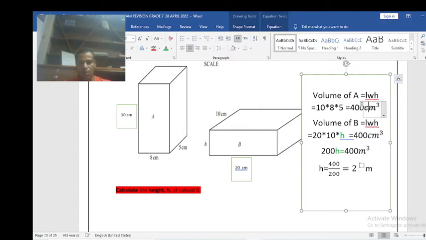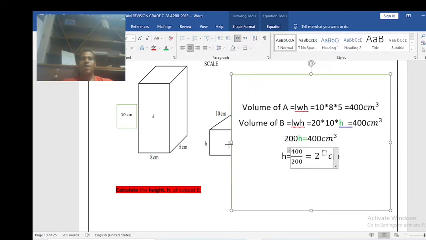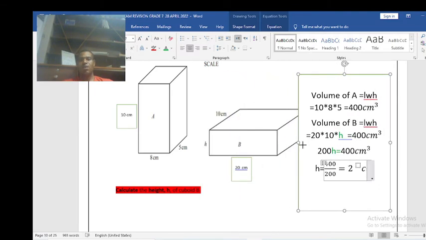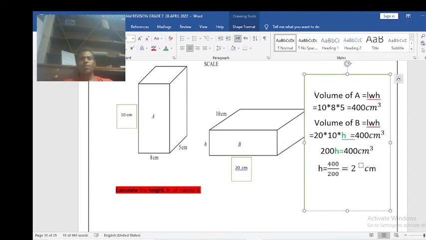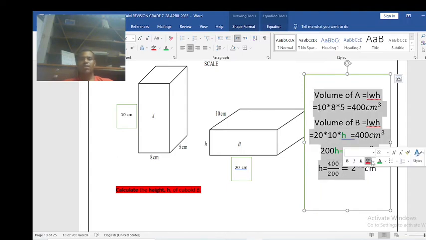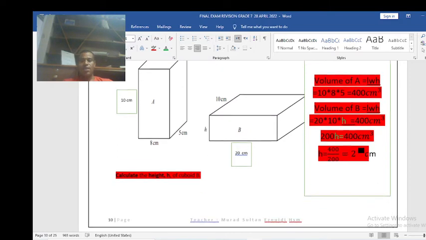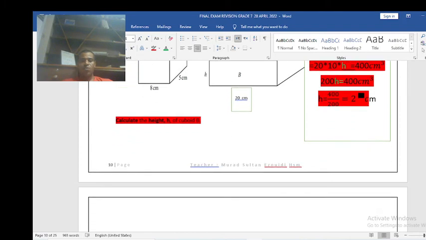So now I found the value of H. How can you find the answer, my learners? I wish the idea was clear for you. This explanation should be written on your exam while showing your work.